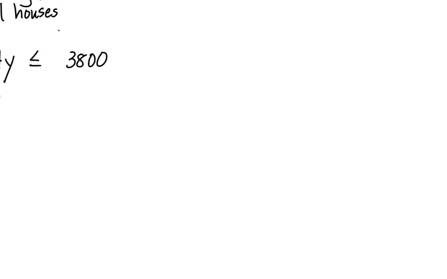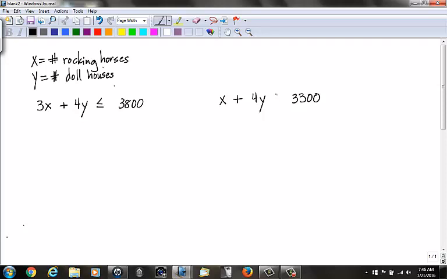Okay, then on the painting, work hours for painting, total 3,300, and for the rocking horse, how much? 1, so it'd just be 1x plus 4y. And same thing, we can't go over that because we only have so much labor. Okay, now we're going to do this on the calculator. So take both of those equations and solve for y.